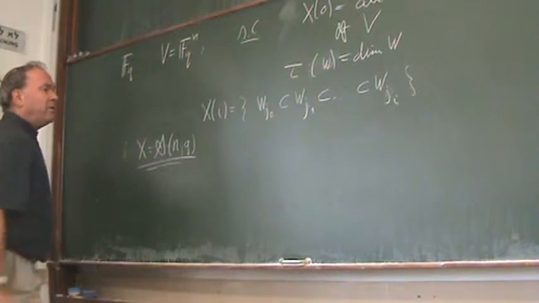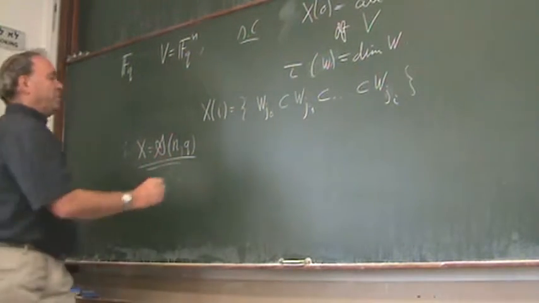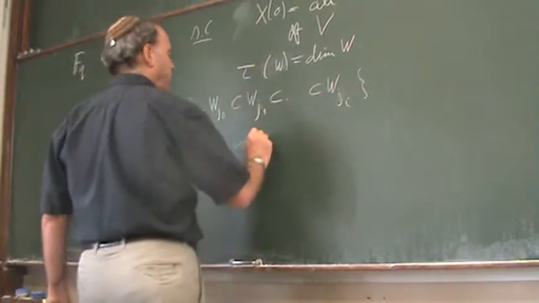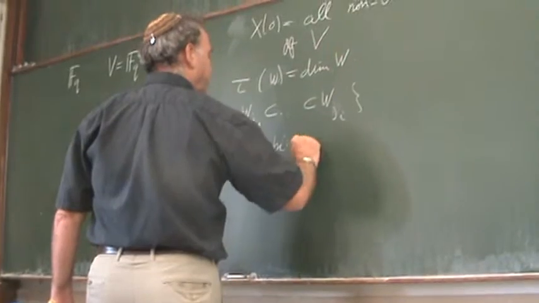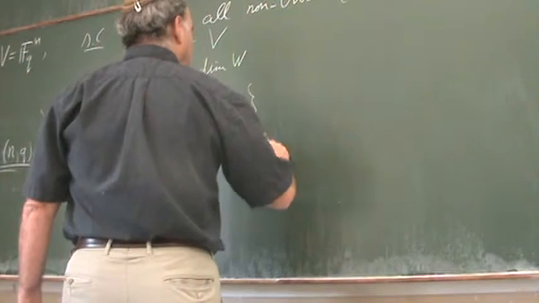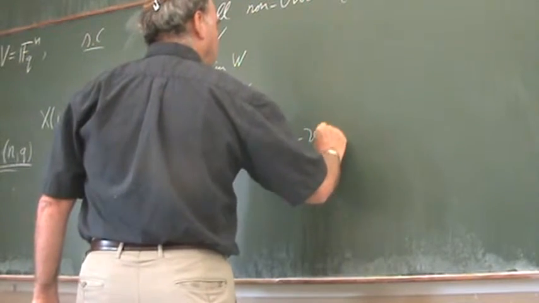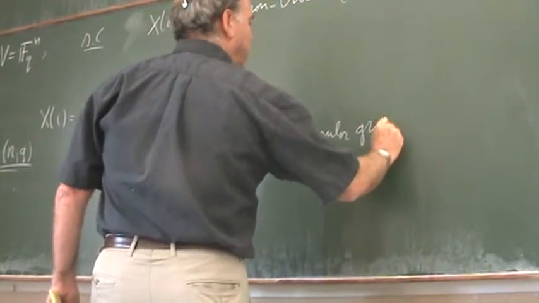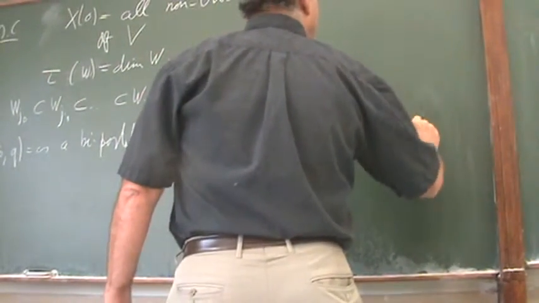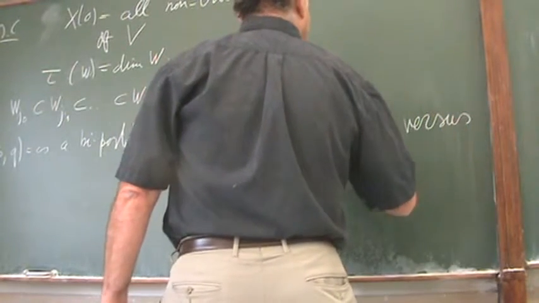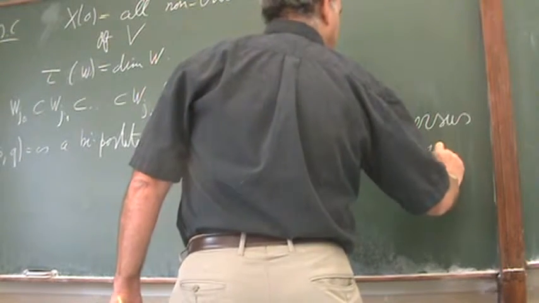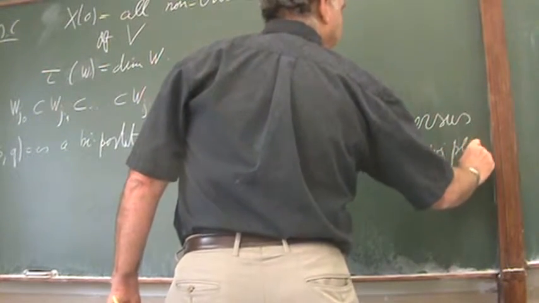Okay, this is the flag, and what we saw is that the building for n=3 is a bipartite (q plus 1)-regular graph, which is the points versus lines of the projective plane over F_q.